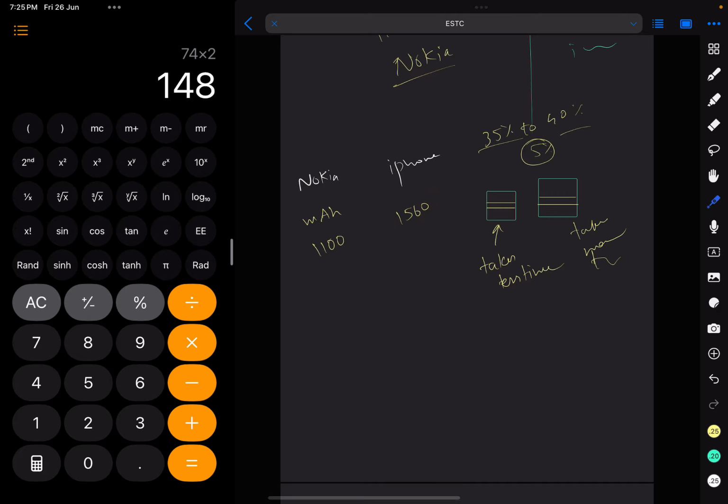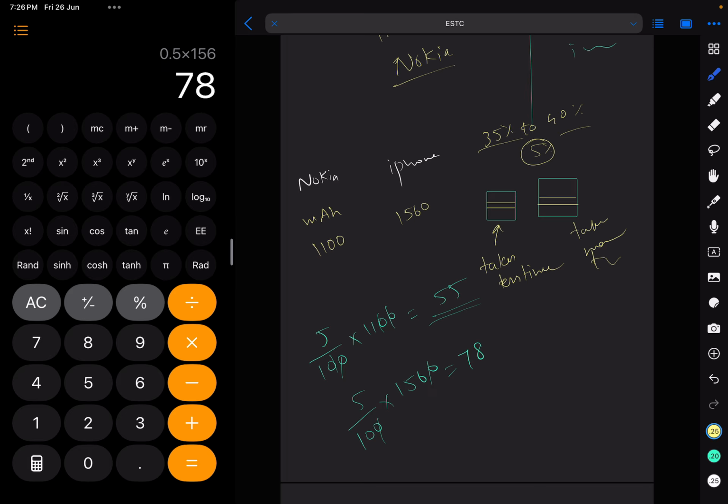Whose capacity is more will take more time. 5 by 100 into 1100, 5 by 100 into 1000: 0.5 into 11 is 55, 0.5 into 156 is 78. So Nokia needs just 55 milliampere hour capacity to fulfill what they have asked, and iPhone needs 78.